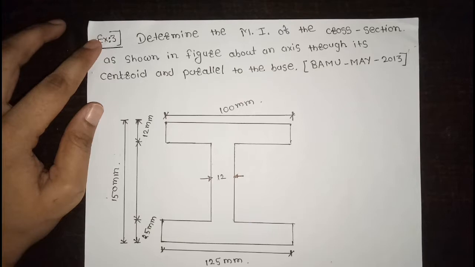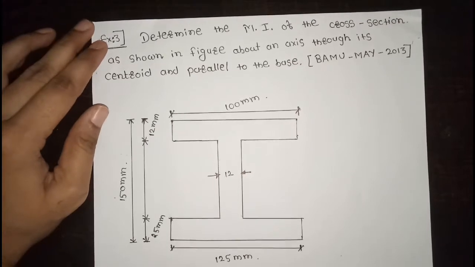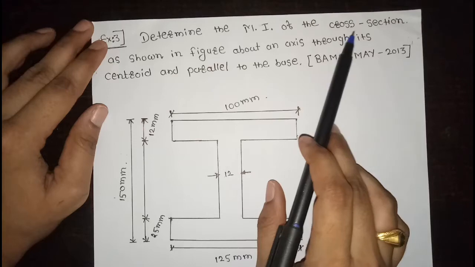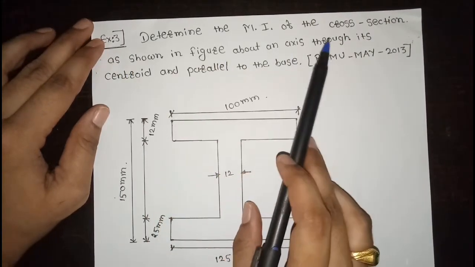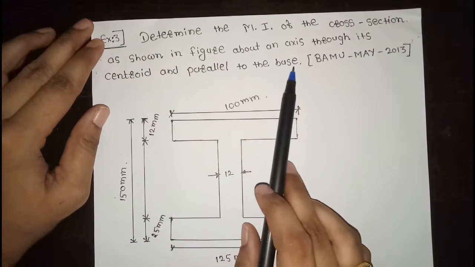We will see the numerical based on moment of inertia of I section. First example: determine the moment of inertia of the cross section as shown in figure about an axis through its centroid and parallel to the base.